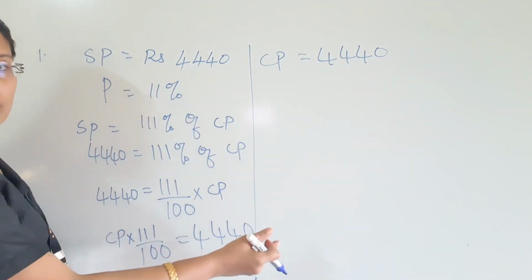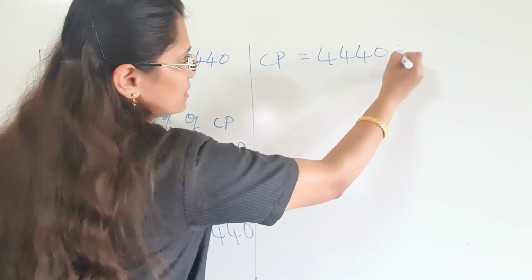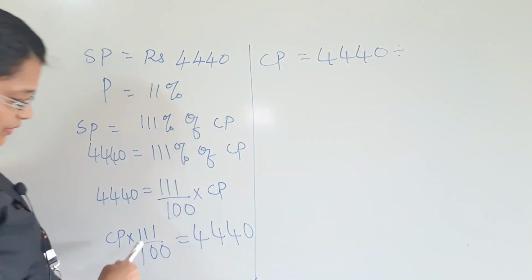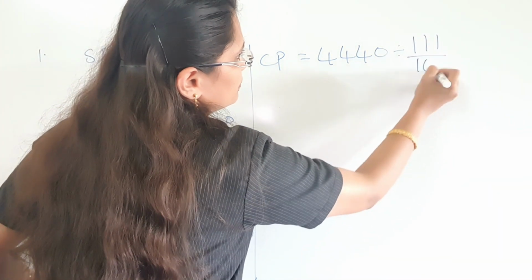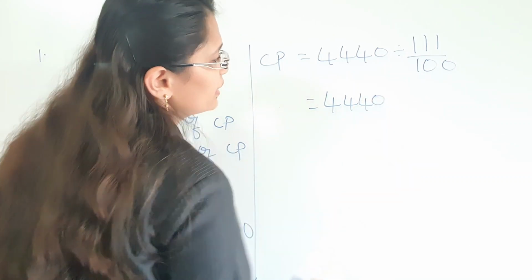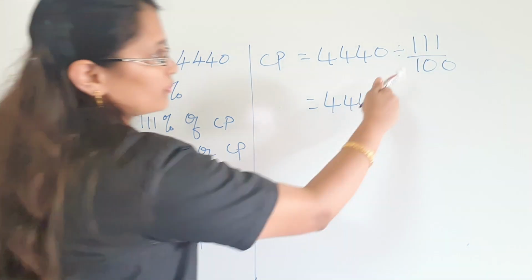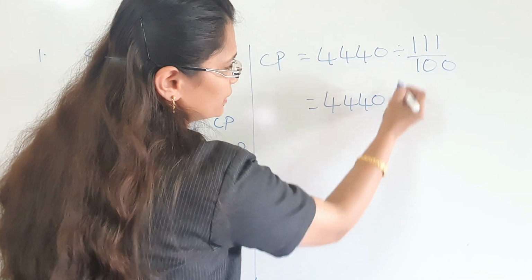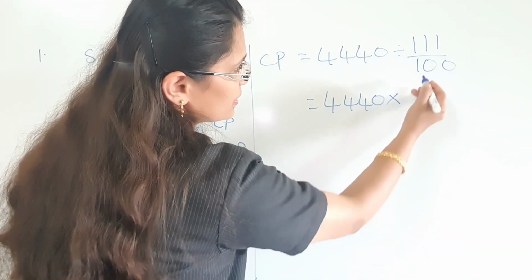This is multiplication, right? Multiplication changed to division. When you change the sides, this multiplication turned into division. Then 111 by 100 is equal to 4440. Then how to divide fraction, children? Take the reciprocal of this fraction and then multiply. So here put multiplication sign and then take the reciprocal.